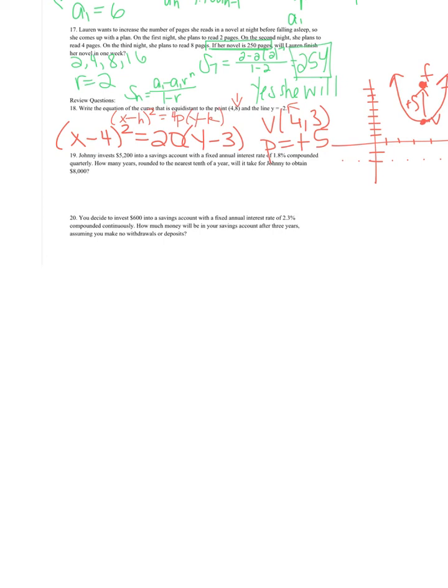Johnny invests $5,200 into a savings account with a fixed annual interest rate of 1.8% compounded quarterly. This is my formula that I'm using. I still need to know these formulas. P times (1 plus the rate divided by n) raised to the nt. So I'm going to do 19 down here, and then I'll do 20 over here.